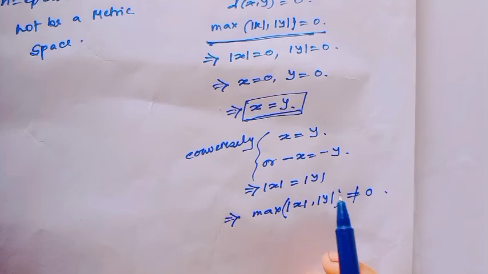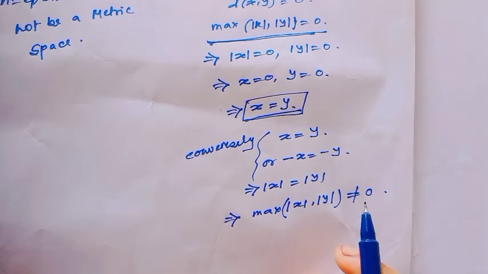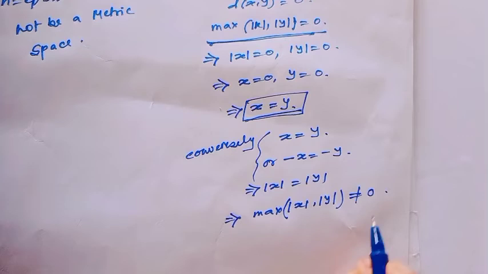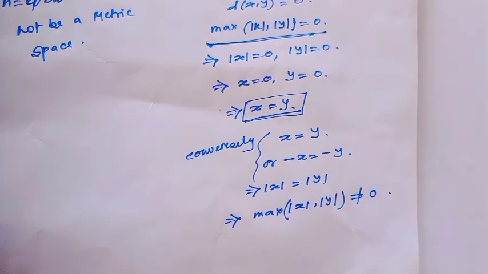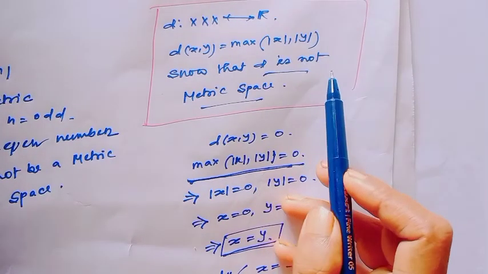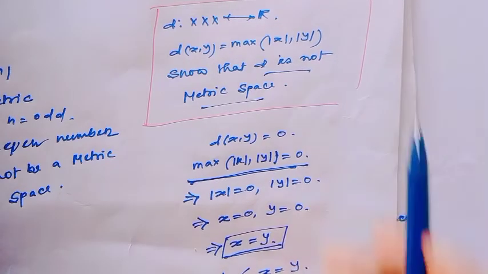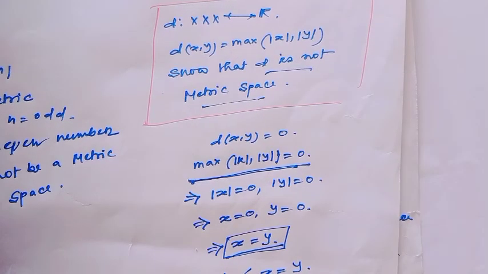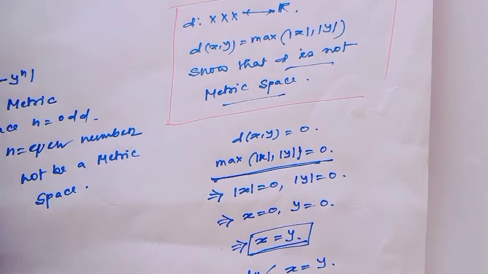For example, if you consider 5 and minus 5, then their maximum equal to 5, not 0. So maximum of mod x comma mod y is not always a metric space. Are you getting? This type of example is actually very important for any competitive exam.